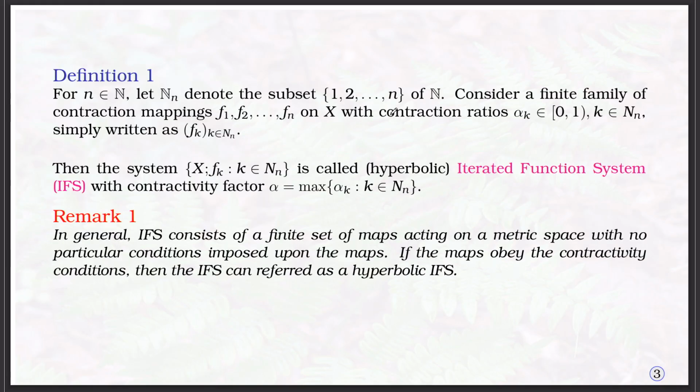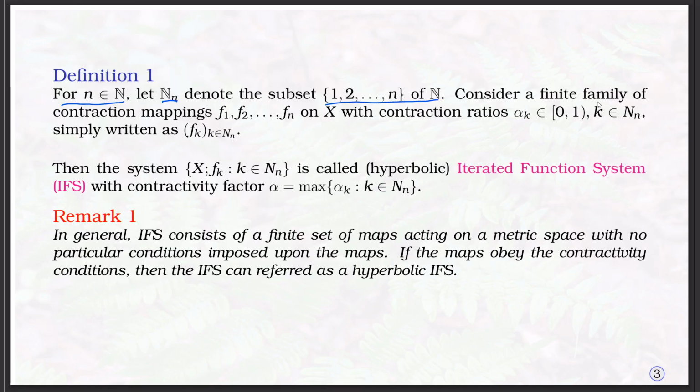So, let us begin with the iterated function system. Let n belong to the natural numbers, and N subscript n denote the subset 1 to n of the natural numbers. So, N subscript n denotes the first n natural numbers.